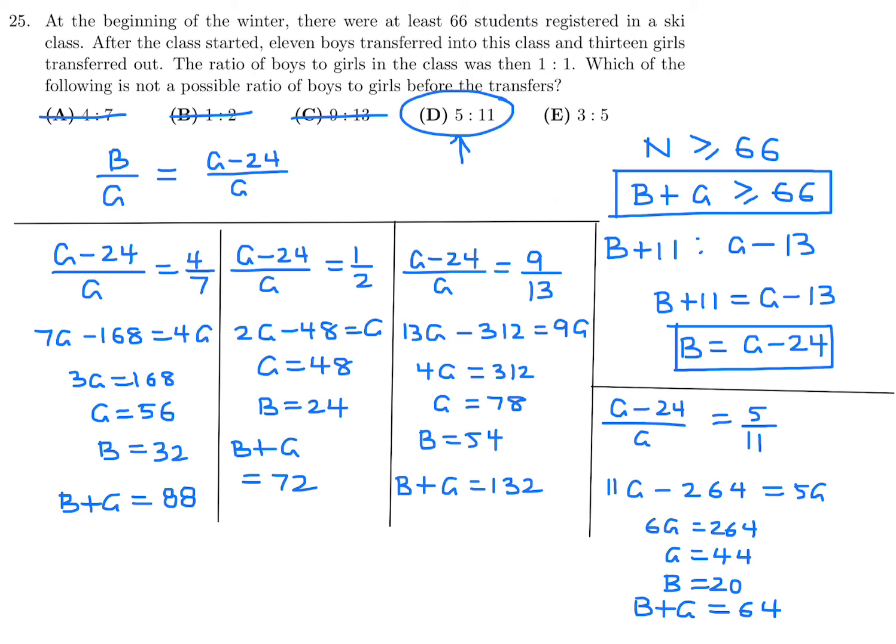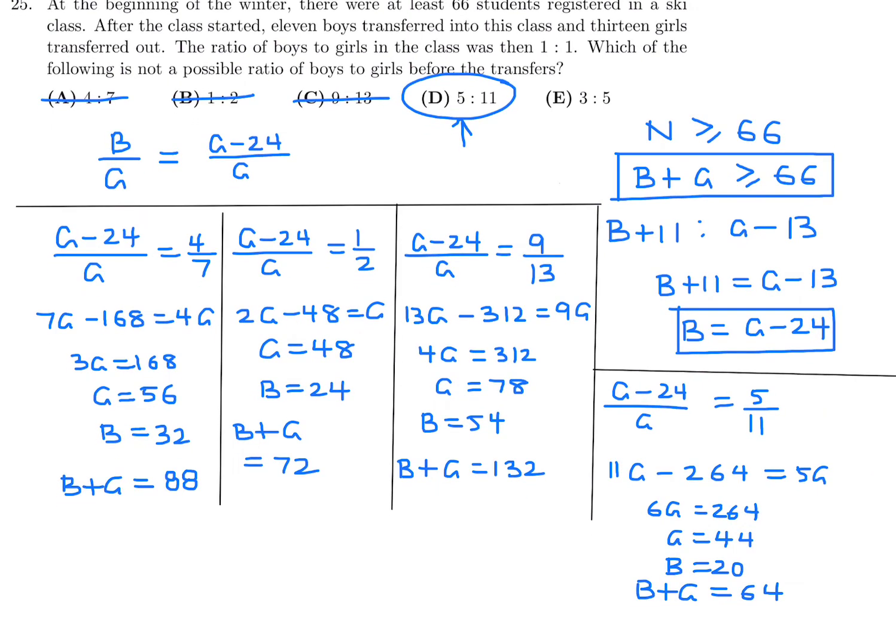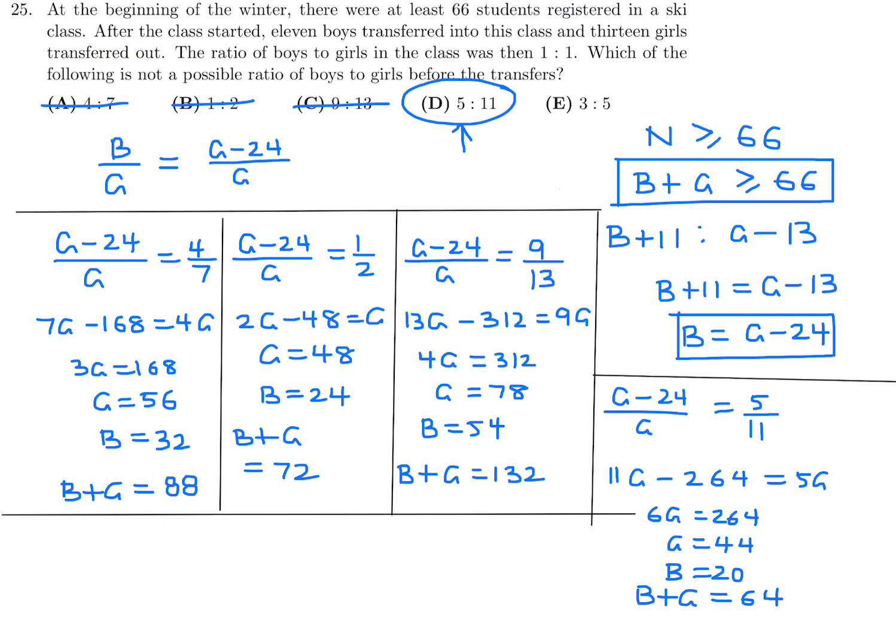And just for the sake of completion, let's do this last one too. It won't take us that long. So by now you're an expert. G minus 24 over G is 3 over 5. So that means 5G minus 120 is 3G, and therefore 2G is 120, and therefore G is 60.